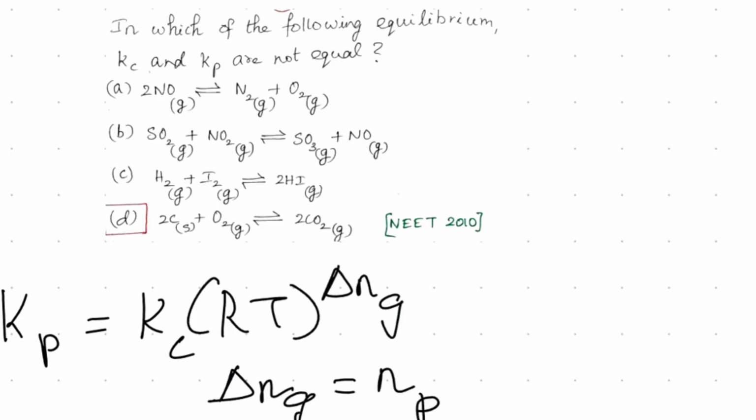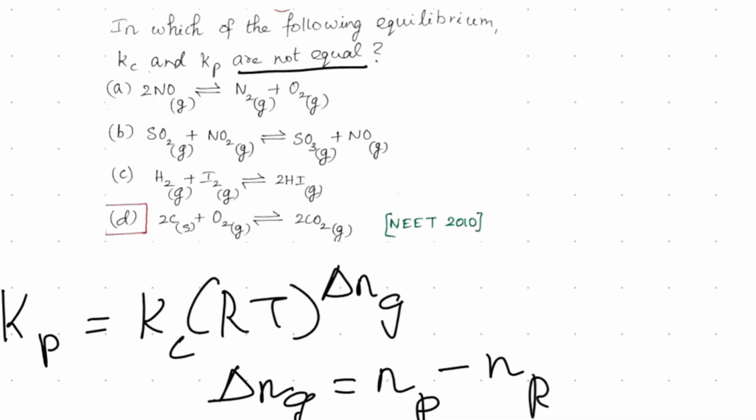What is the first question? 4 options, 4 equations are given. Out of the 4 reactions, in which reaction Kp and Kc are not equal? That is the question. Based on this expression, Kp will become equal to Kc.